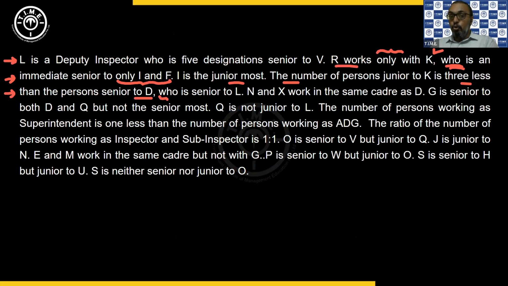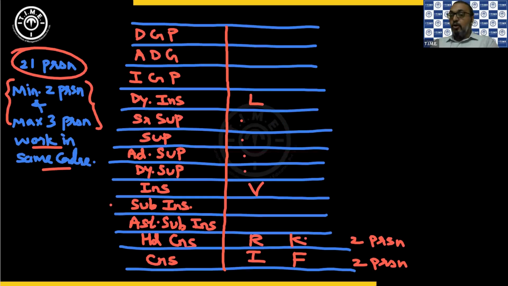to D, who is senior to L. Okay, number of persons junior to K. K is head constable. Now junior to K, there are only 2 people I know. So that 2 should be 3 less than people senior to D. Means there should be 5 people senior to D. Then only 3 less than 5 gives you 2 people junior to K. I hope I'm making some sense to you all.